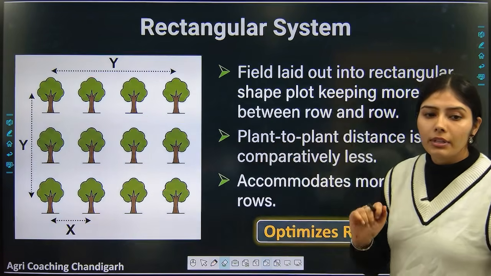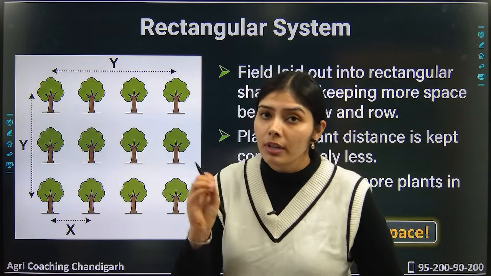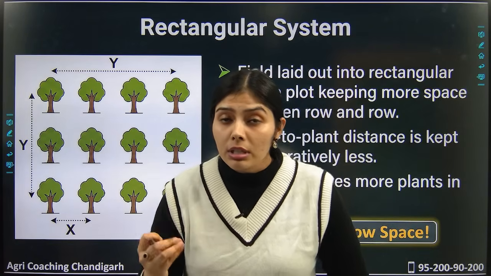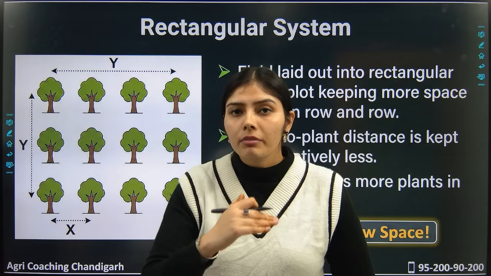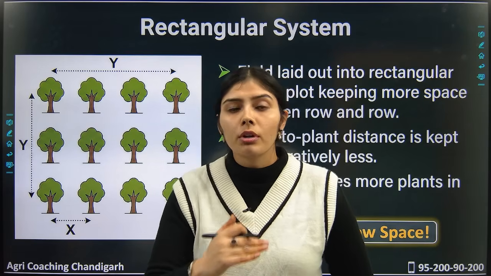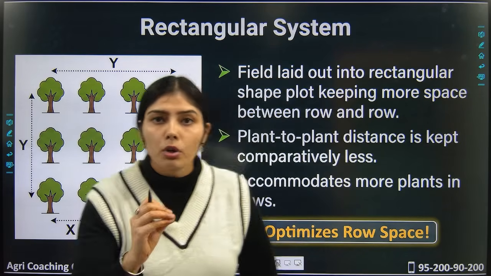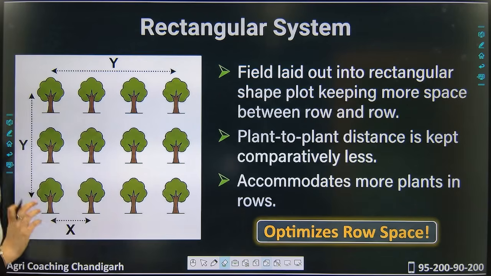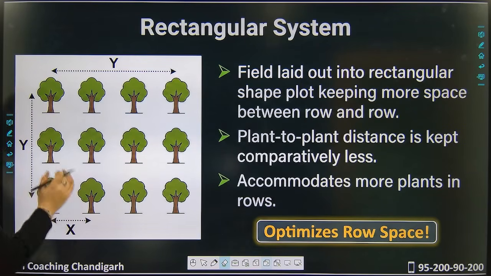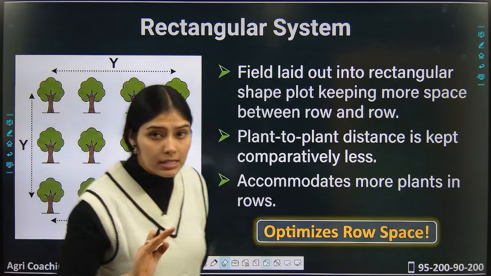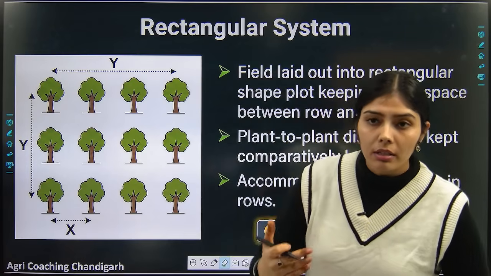Then the other one we have is your rectangular system of layout. When we talk about the rectangular system, here we can accommodate comparatively more number of trees in the rows, because here the row to row distance is kept more, whereas the plant to plant distance is kept less, because that is how we will make a rectangle, right?